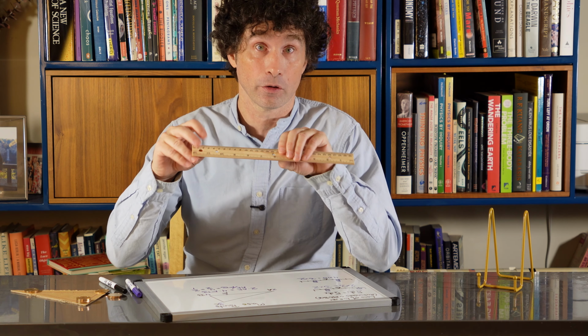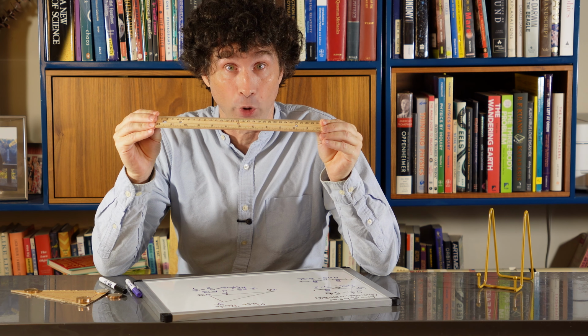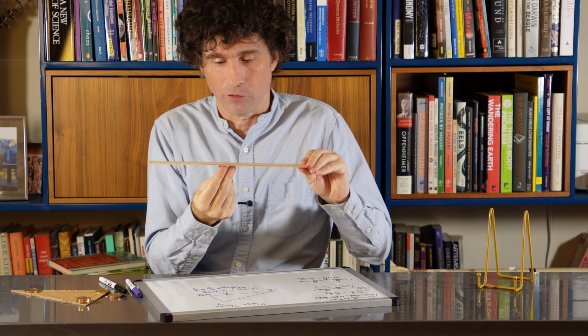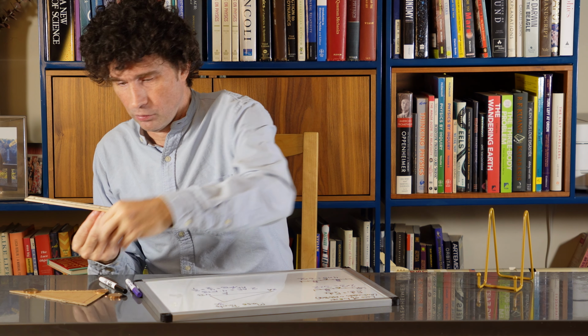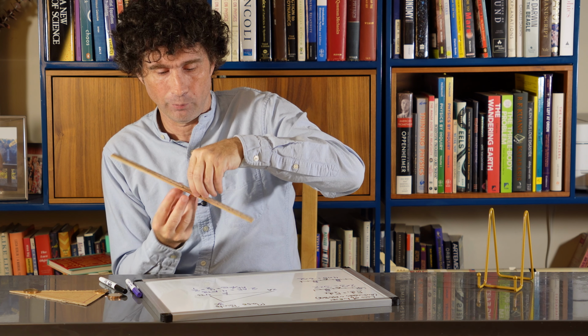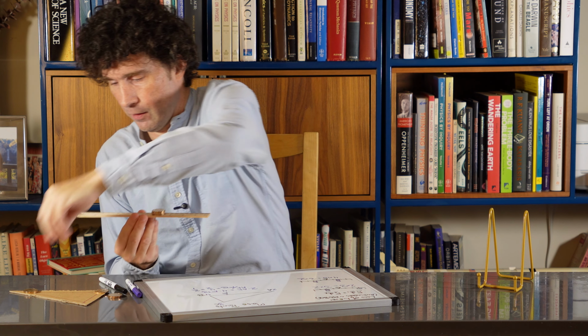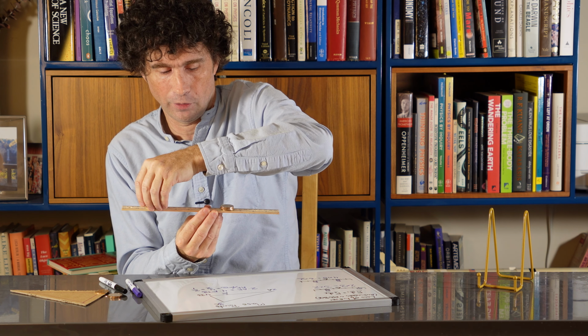This ruler represents segment AB and its balance point F. Note it balances when the distances are in inverse proportion to the masses. So I'm going to take 4 coins and put them 2 units away, and 2 coins at 4 units away.